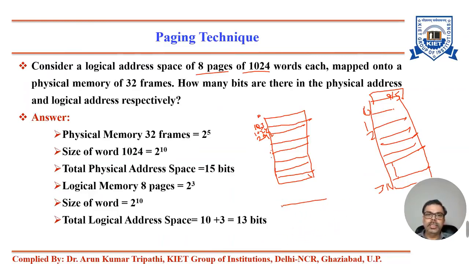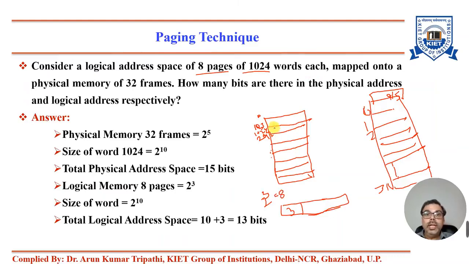So let us check. The logical memory has a total of 8 pages. To represent 8, it requires 3 bits because 2 to the power 3 is equal to 8.